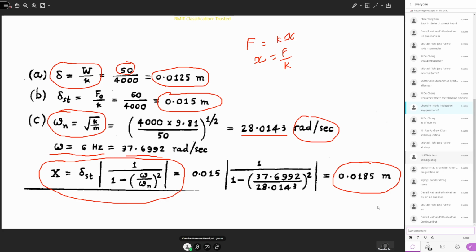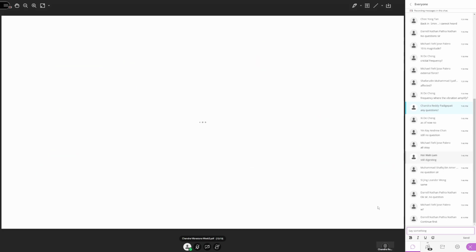This is a straightforward, simple calculation. In this case you don't have the damper, so you're only dealing with the weight and the spring system. The next one, I think we have the damper also.